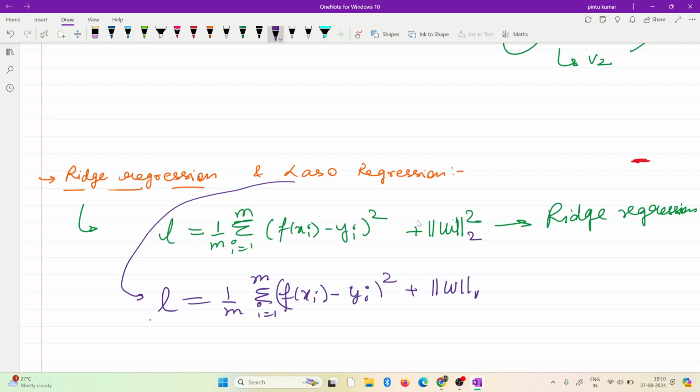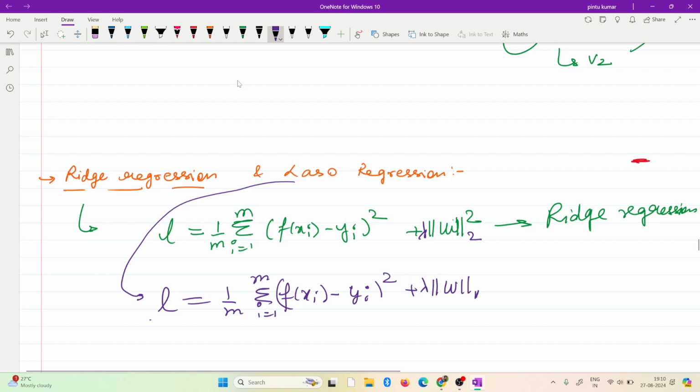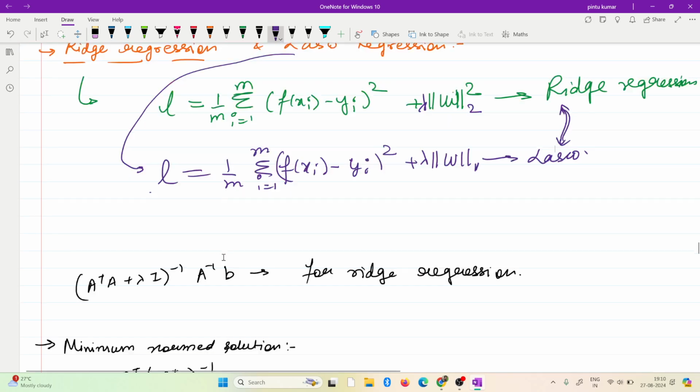You have lambda over here also. Lambda would be there. So the second one, when you take the one norm, is called lasso regression, and the first one is called ridge regression.